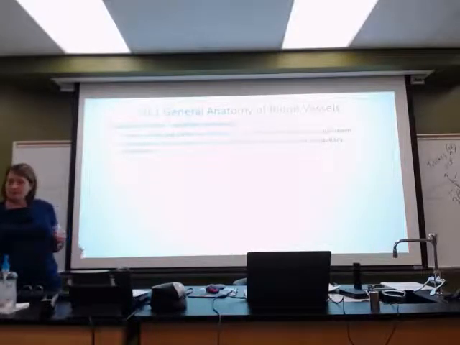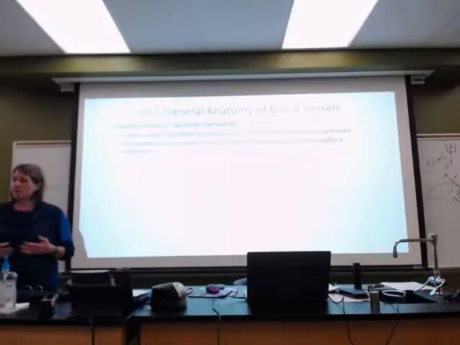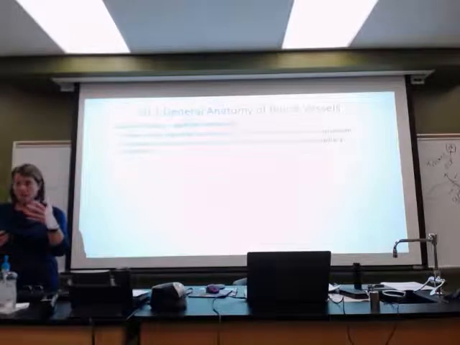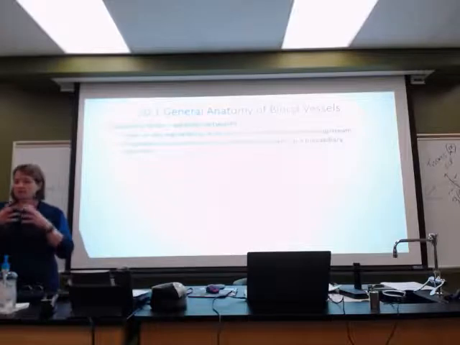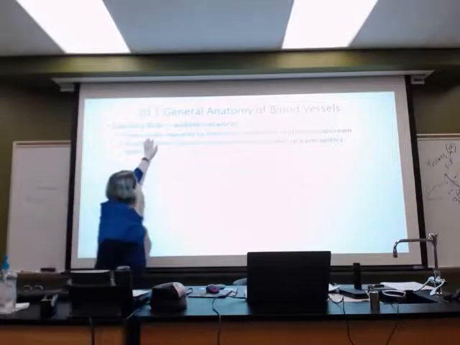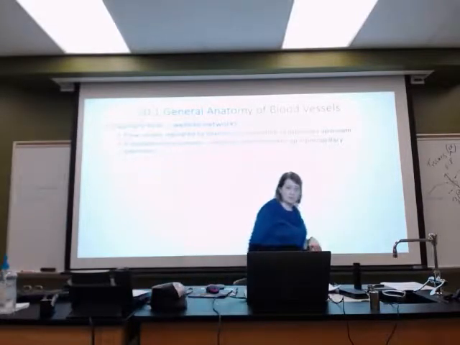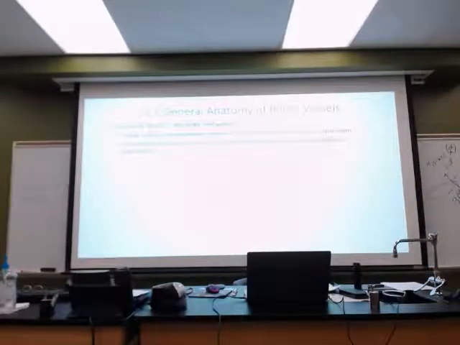So that capillary bed, the actual area where the artery meets the veins, is this web-like structure. The flow of the blood through that capillary bed is usually regulated by the arterioles upstream of it.